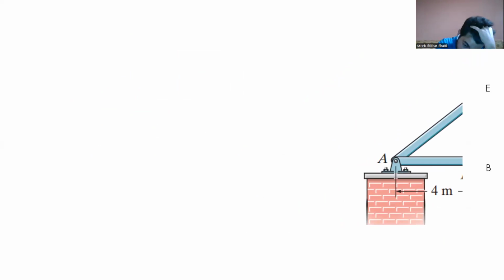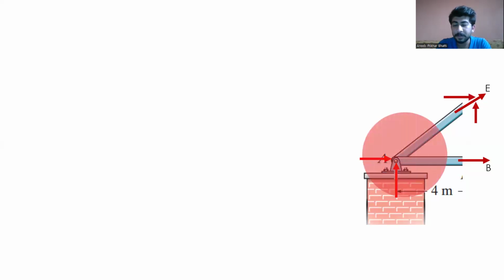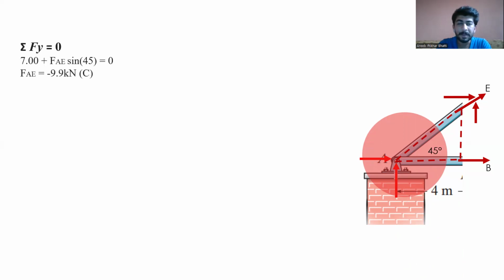If we take point A, we know that two reaction forces are acting, which we have found already, and these are the forces acting on the members of the truss. The angle which these members make is 45 degrees.